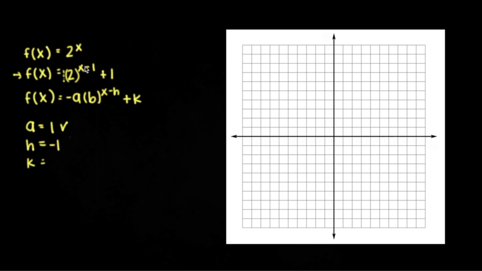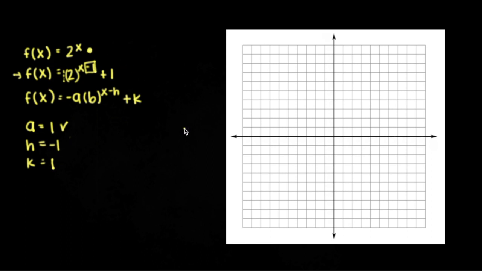We just take the value right after the x, negative 1, and our k is positive 1. What we can tell from our h and k values is h is going to move the graph right 1 unit because h deals with horizontal shifts, and k is going to move the graph up 1 unit. And so let's first graph this parent function over here.